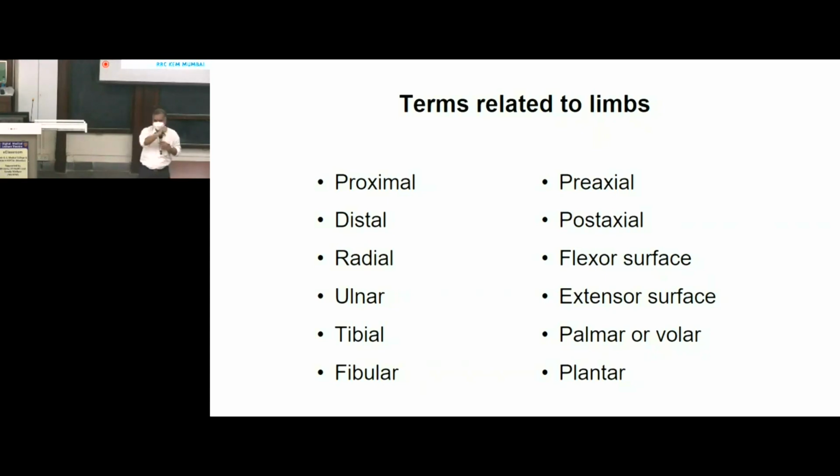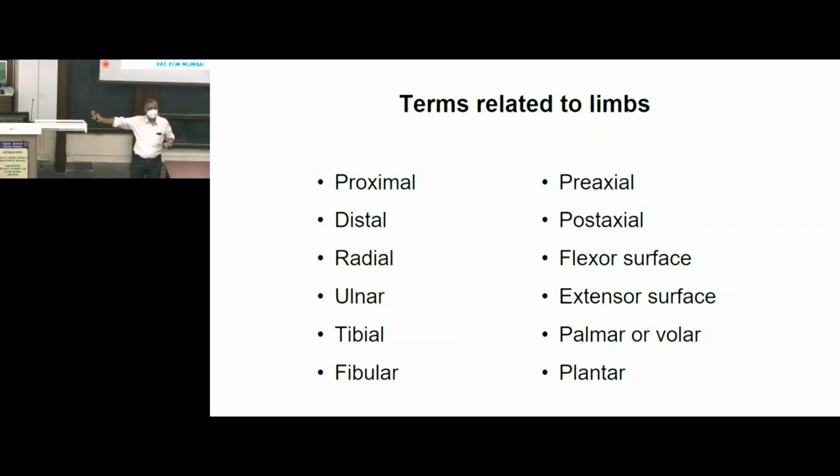I will explain it for the last time, preaxial and postaxial. When the fetus develops, the limb develops as buds from the trunk. So this limb as a projection will develop like this. This is the axis of the limb. The border which is above towards the head is therefore preaxial. Border which is towards the tail is therefore postaxial.